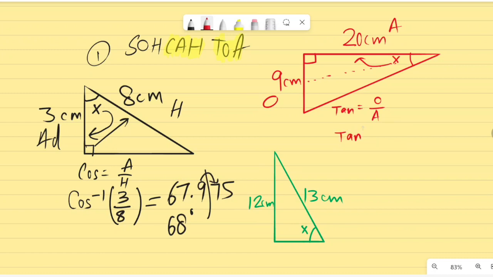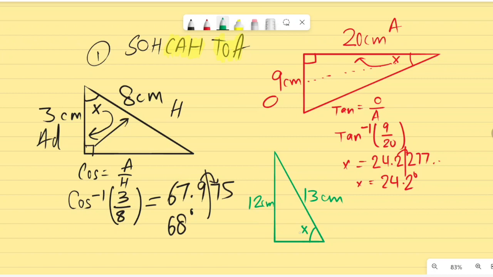So it will be tan -1 and a bracket. Opposite over adjacent, opposite is 9, adjacent is 20. When you press this in the calculator, you will get x equal to 24.2277 and so on. So you will round it to one decimal point and the next digit is 2, so it rounds down. So your angle is 24.2 degrees.